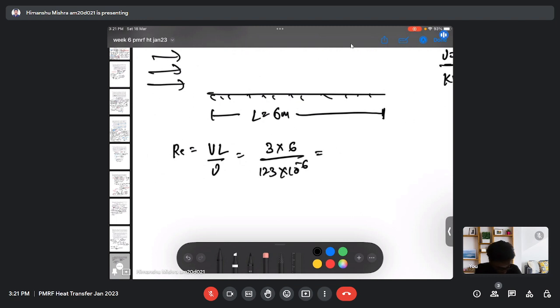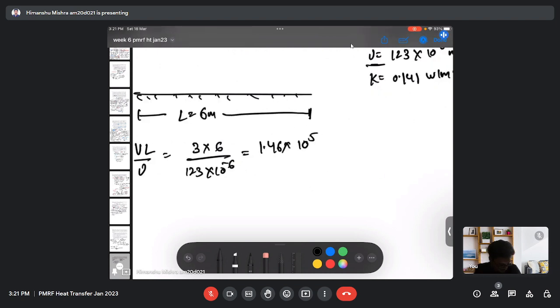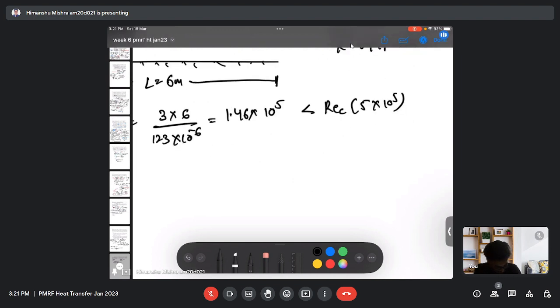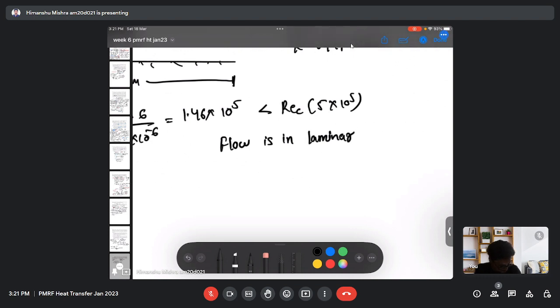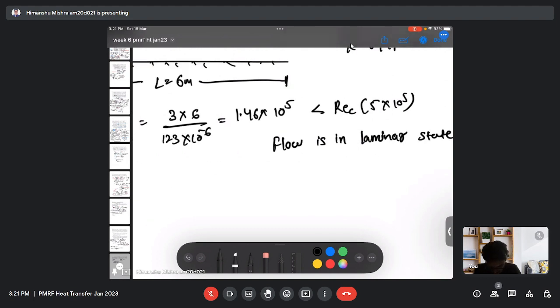And the Reynolds number will be around 1.46 10 to the power 5, which is less than the critical Reynolds number, which is 5 10 to the power 5, which means that the flow is in laminar state over the entire region of the plate.